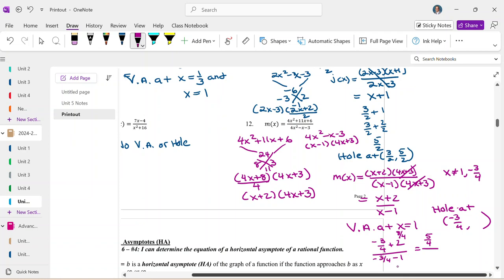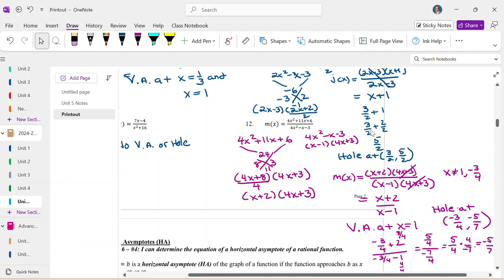And then this is 4/4, so negative 3 minus 4 is negative 7/4. And remember, when you divide fractions, you multiply by the reciprocal. So it's going to be negative 5/7. So that would be the hole.